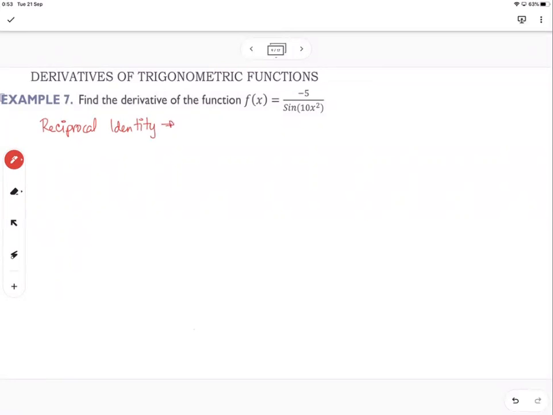What is the reciprocal identity? The reciprocal identity is cosecant of x equals 1 over sine of x.